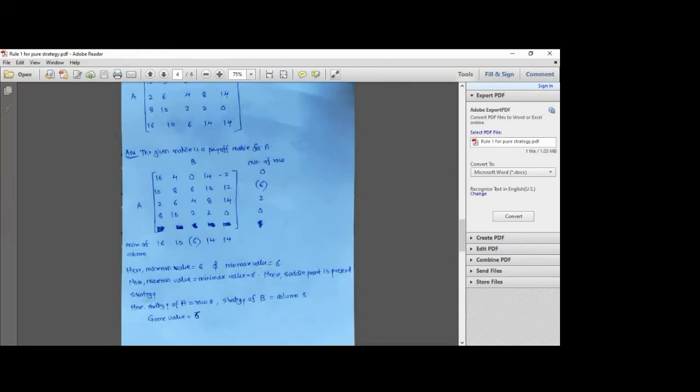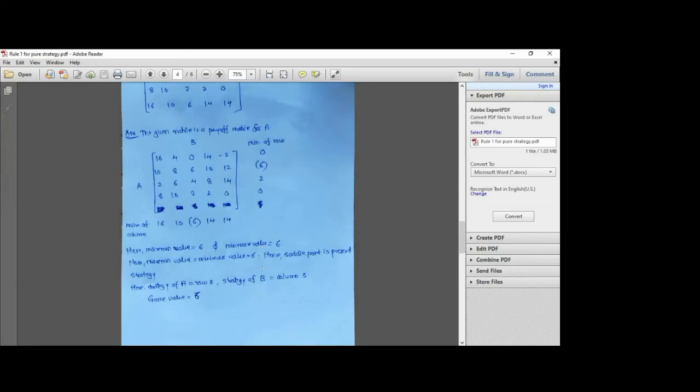Now, if the saddle point is present, we know which strategy these players are going to play. The strategy for player A will be the row corresponding to this value, and which row is that? It is row number 2.